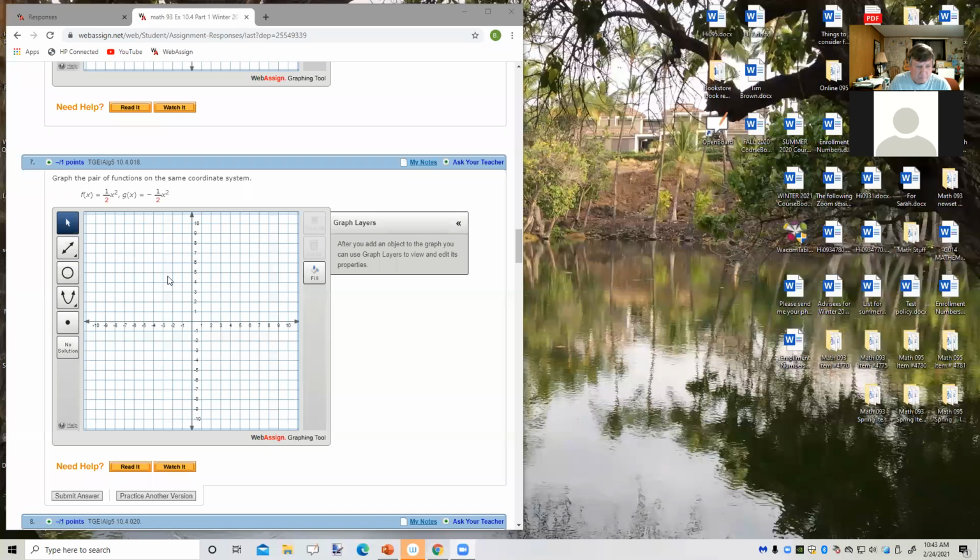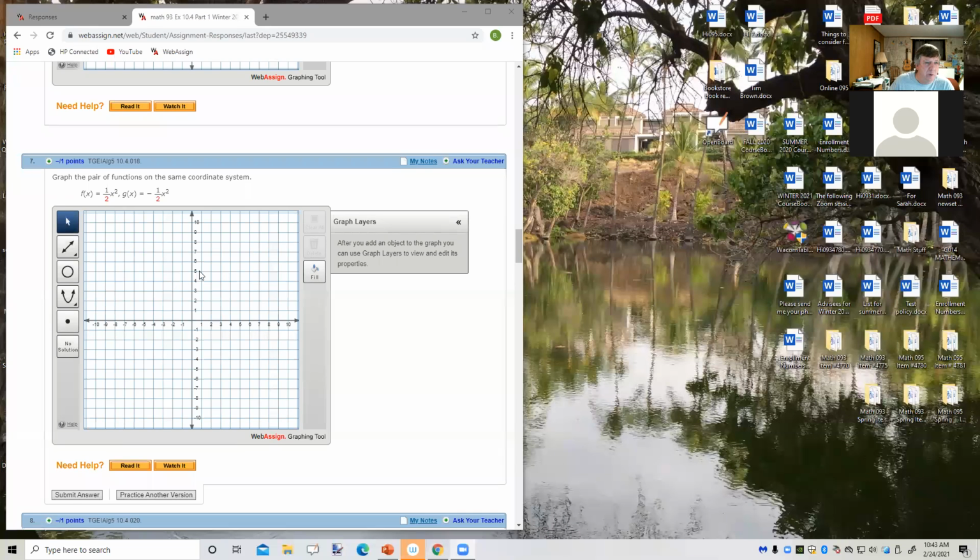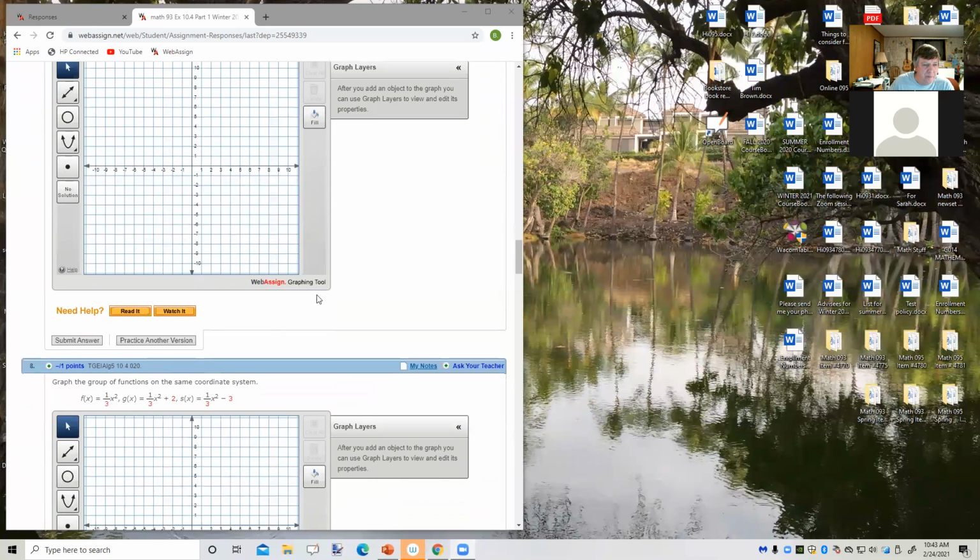This is 1/2 and negative 1/2, but I'm going to cover that up, and I'm going to graph the one that we had originally, which was f of x equals 1/6 x squared, okay? So that would be at 0, 0, and then 1, 1/6.